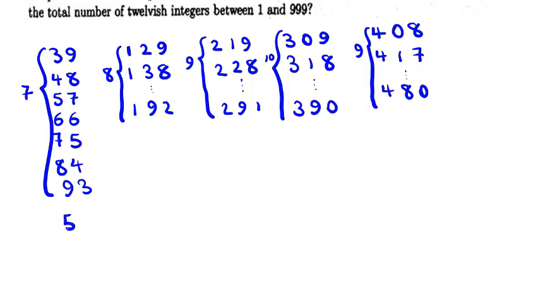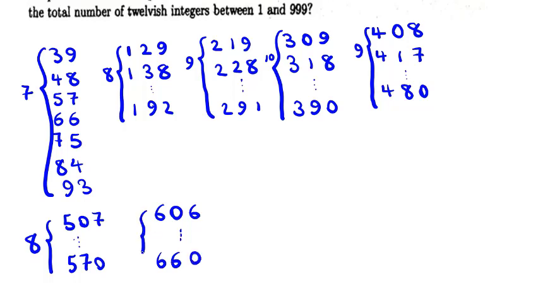The next one will be what? 5, 0, 7. Similarly, 5, 7, 0. It will be 8. The next one will be 6. Considering these cases, after some steps, you can write them quickly, to 6, 6, 0. It will be 7. You can go to 7, 0, 5, up to 7, 5, 0.